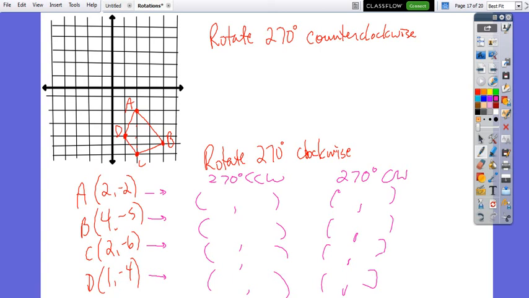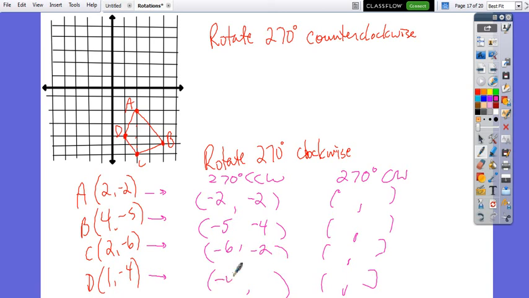So you're going to change the x and swap. If I change the x and then swap, I end up with -2, -2. Change the x and swap, I end up with -5, -4. Change the x and swap, I get... yep. And then change the x and swap, you get... okay, good.